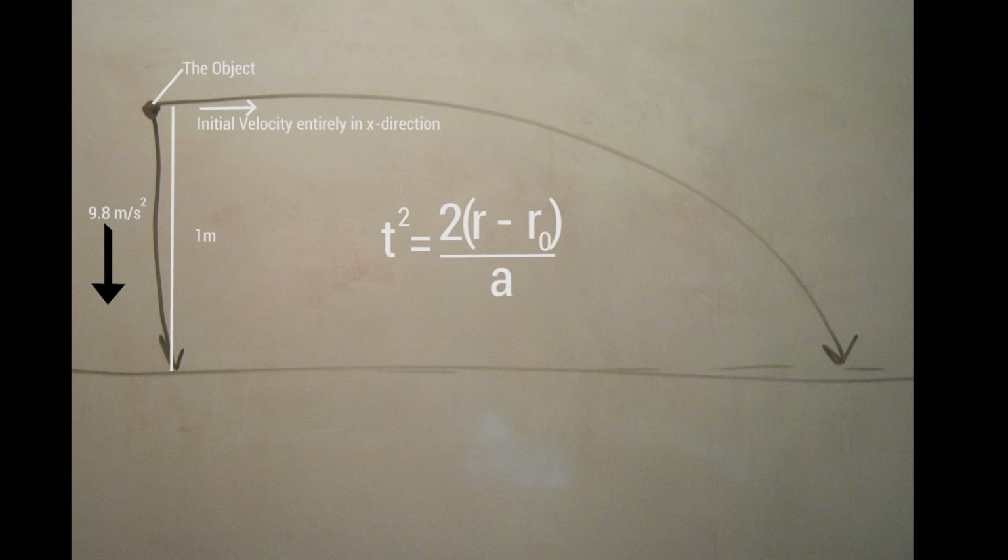But as you can see, the only things which matter when calculating the time in the y-axis are the acceleration the object undergoes and the positions, its initial and final positions.